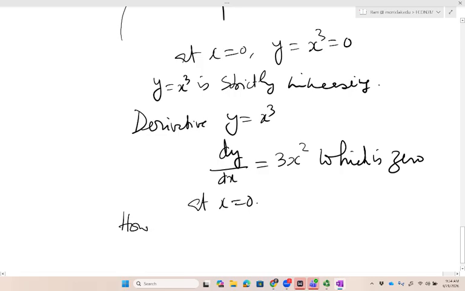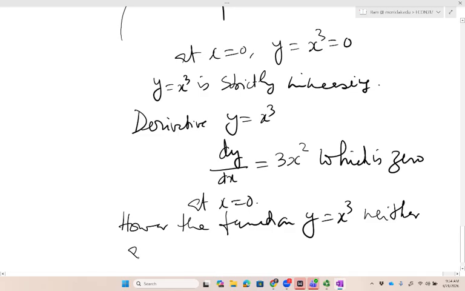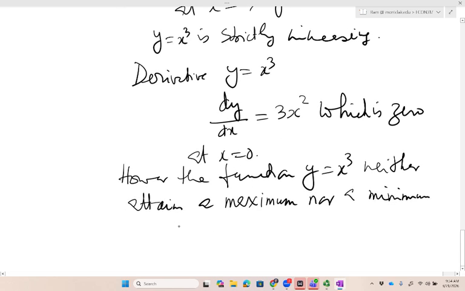However, the function y equal to x cube neither attains a maximum nor a minimum at x equal to 0.